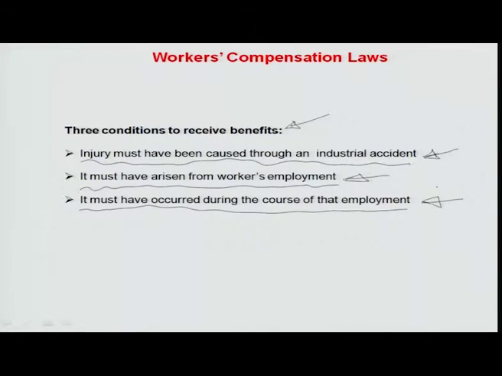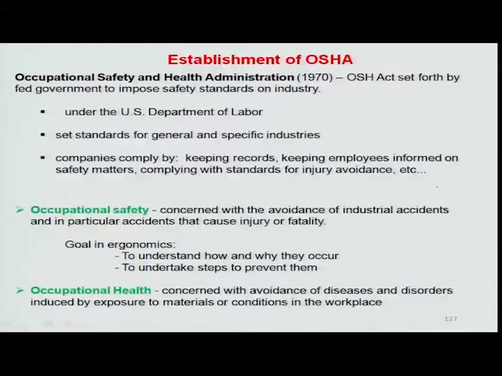It is very clearly defined that it must be during the employment, arising from the worker's employment, and because of a reason that is the cause of the industrial accident. If these things are clear, only then will people think about compensating the workers. So, these conditions need to be met.